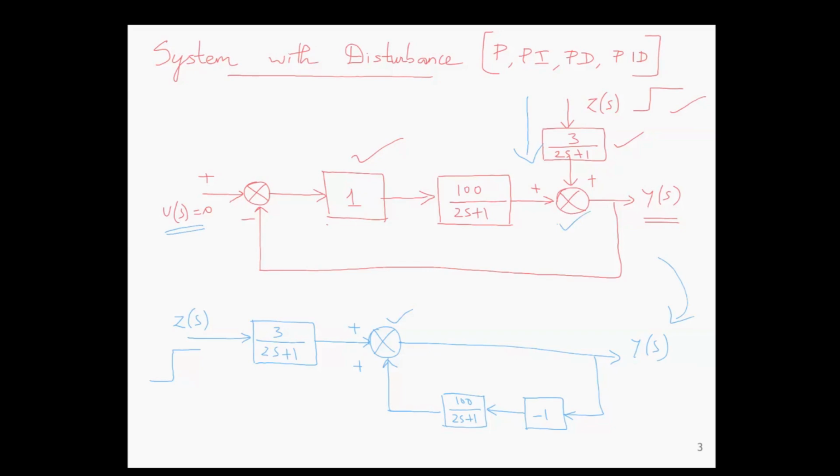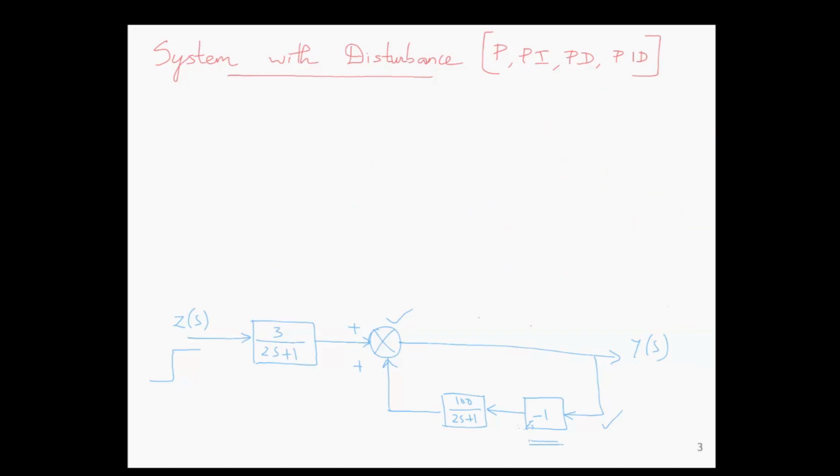A feedback is given here. Since the input u of s is 0, it is given directly, and this negative sign will have the effect here, minus 1. That is given again to 100 divided by 2s plus 1, which is given to the summer. So this is just a redrawing of the above diagram.